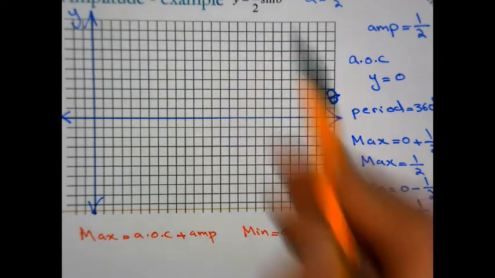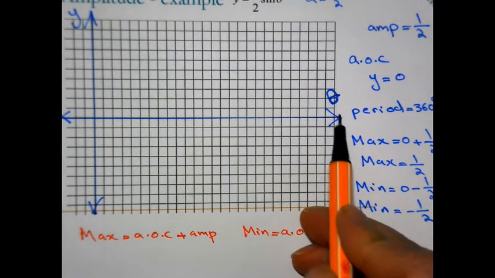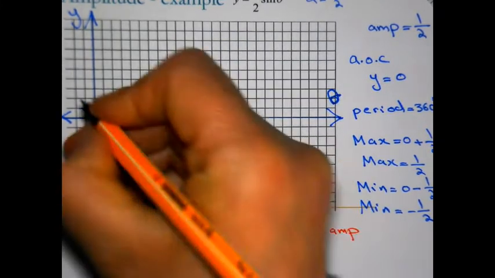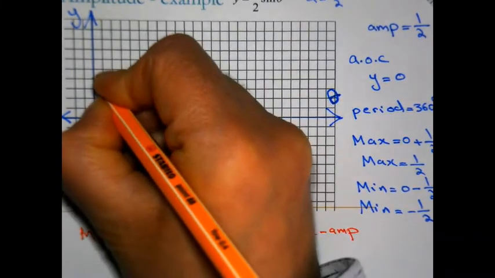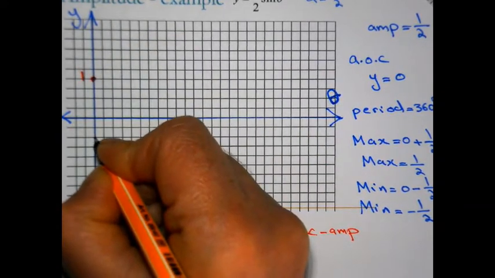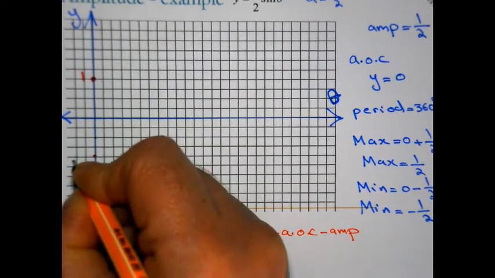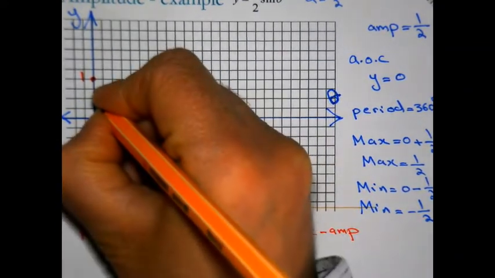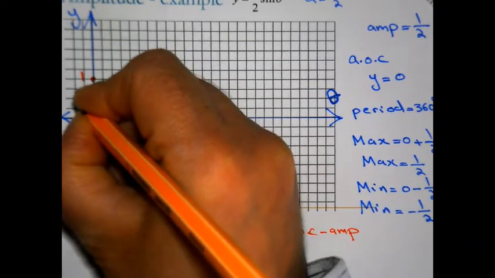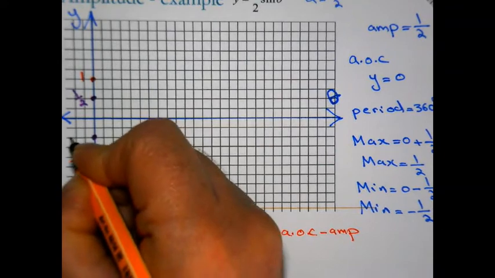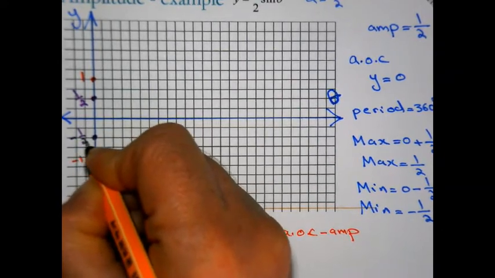If the angle here is theta, here you are going to have theta as well. Now, so this is 1, -1. So our max and min, max is happening at 1/2, so that's 1/2, and min is going to happen at -1/2, which is here.